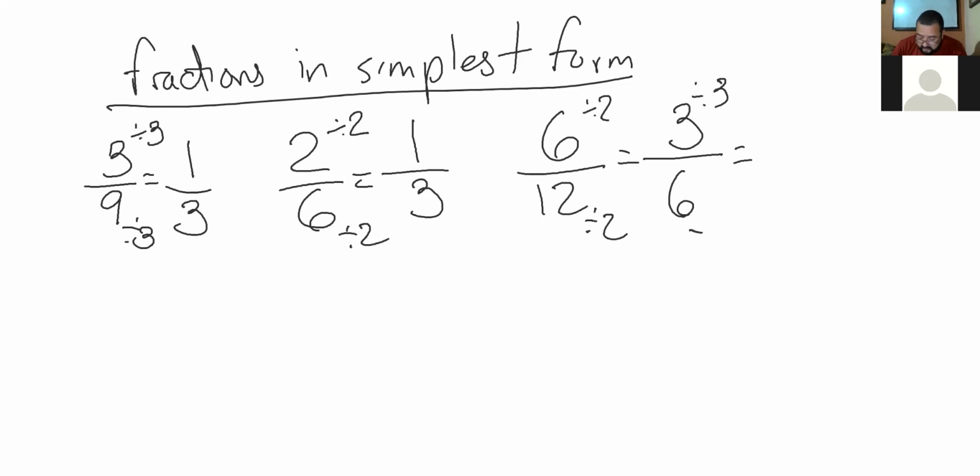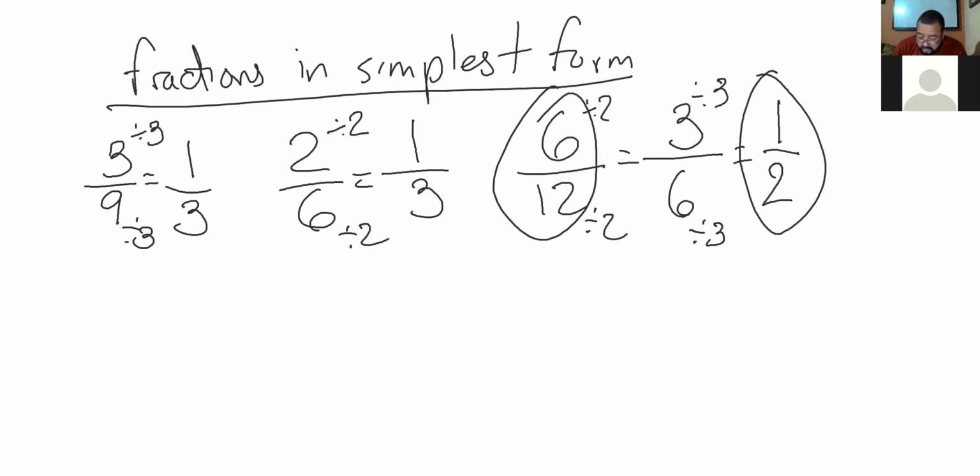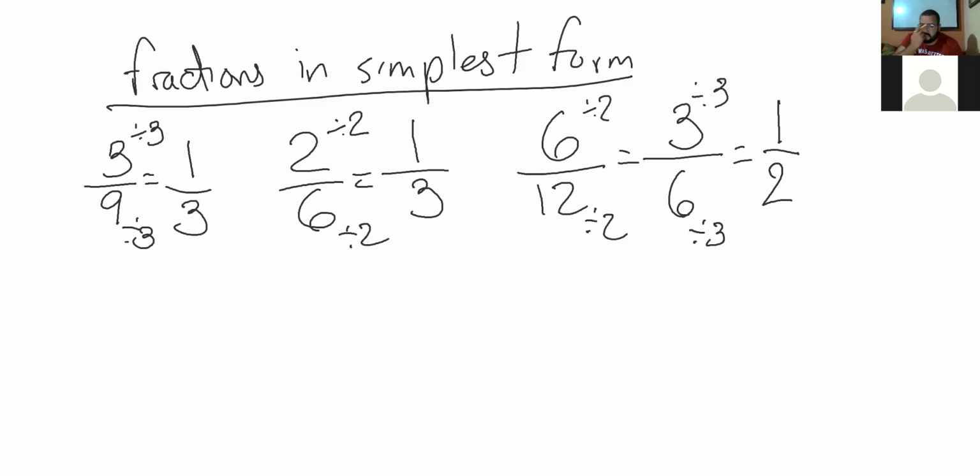So if we divide 3 by 3 and 6 by 3, how many is 3 divided by 3? Equals 1. And 6 divided by 3 equals 2. So 1/2 is the simplest form of 6/12. Okay, and with this exercise, we finish this lesson.